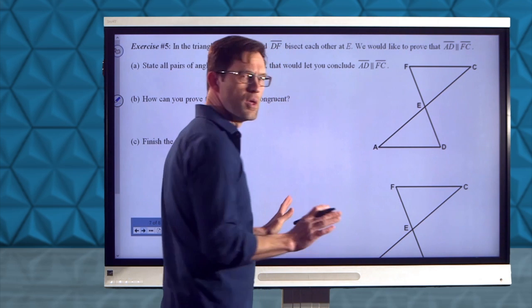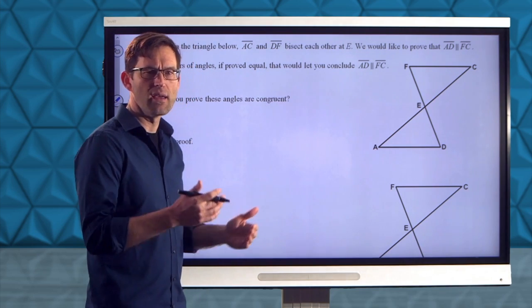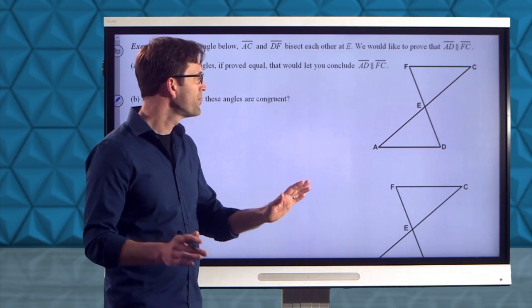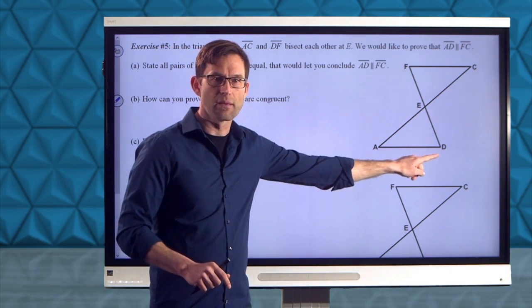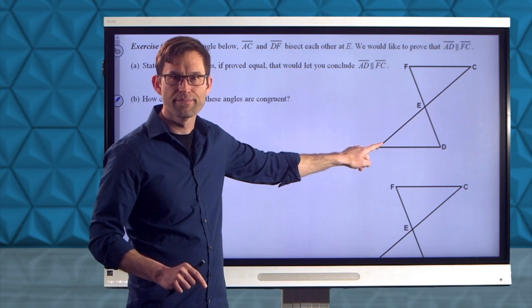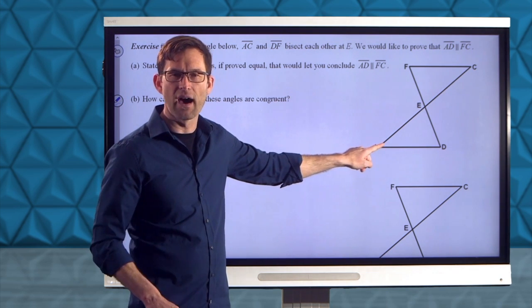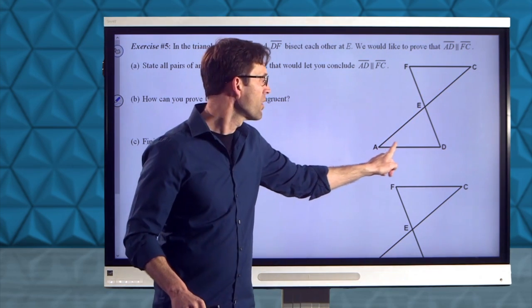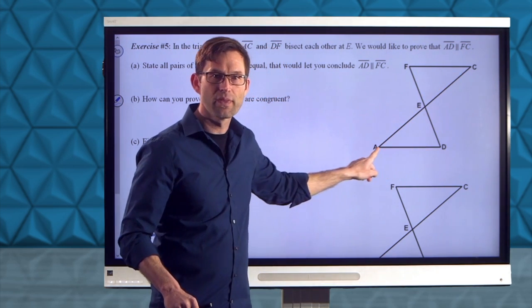Before we even get into A and B and C and all of that, we've got this line segment and this line segment bisecting each other. And that's enough now to be able to say that FC is parallel to AD.